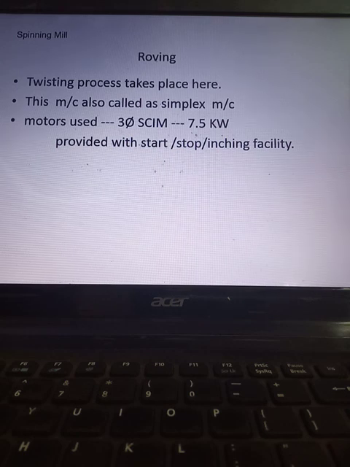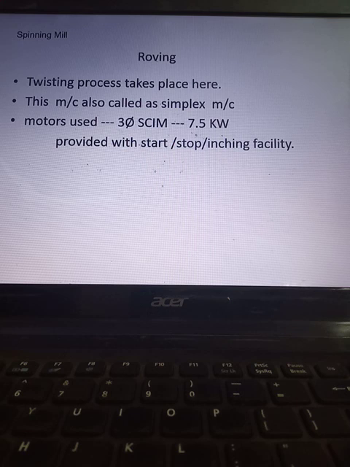In addition to that, it should have the capability of inching also. The acceleration and deceleration should be smooth. Multiple start stop should be possible. Inching facility: it should be able to crawl, run at very small speeds, because when the operation is going on, if by chance a lot of loops are formed, you will have to clear the loops.